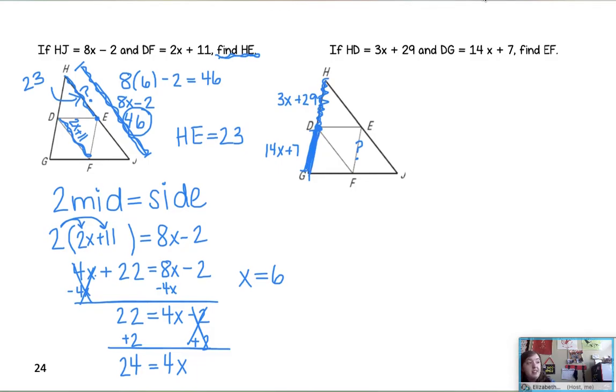Very good. And I like your vocab. Way to go. So I'm seeing they're congruent. Way to go on that vocabulary. I'm also seeing they're the same or they're equal. Very good. So D is a midpoint, so each side is the same. So that means that 14x plus 7 is going to be equal to 3x plus 29.